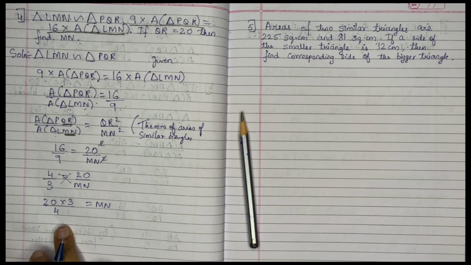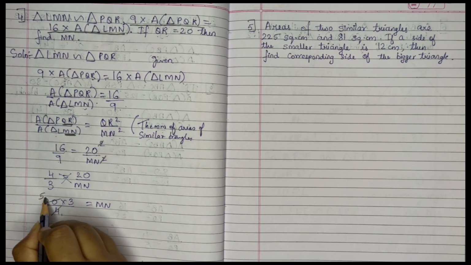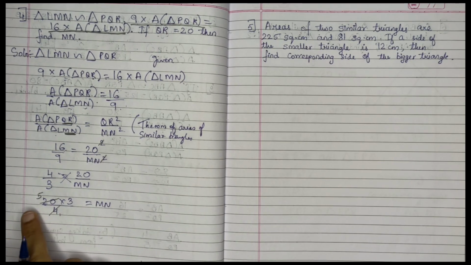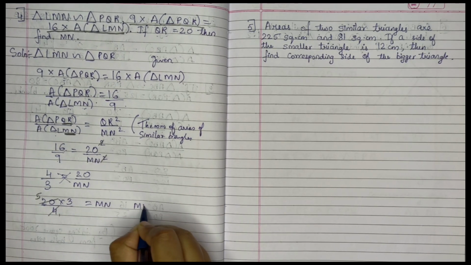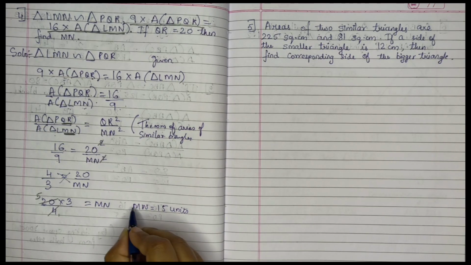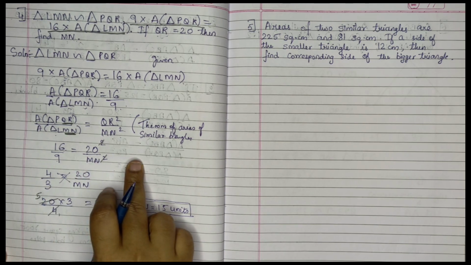Okay. So now this can be cancelled. We can reduce this. 4 1s are 4. 4 5s are 20. So what we get here is MN is equal to 5 3s are 15. Also you can write here by taking square roots of both the sides.